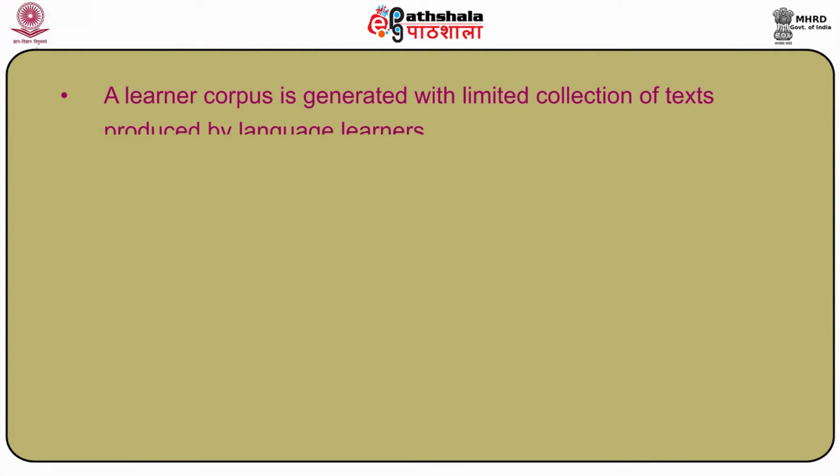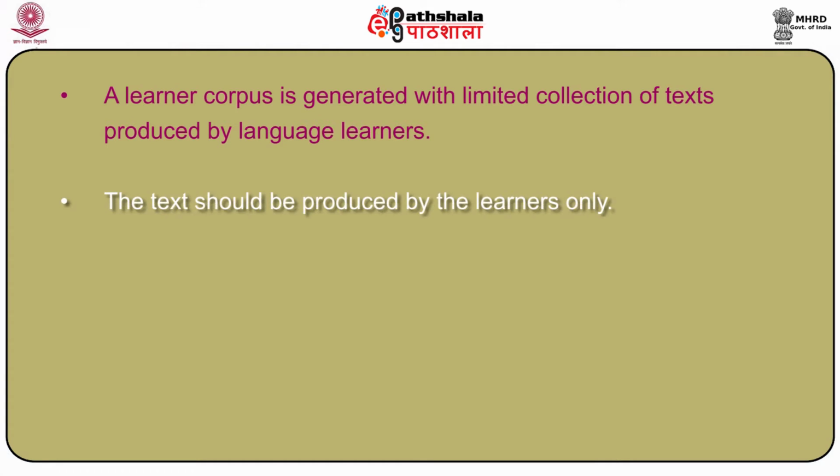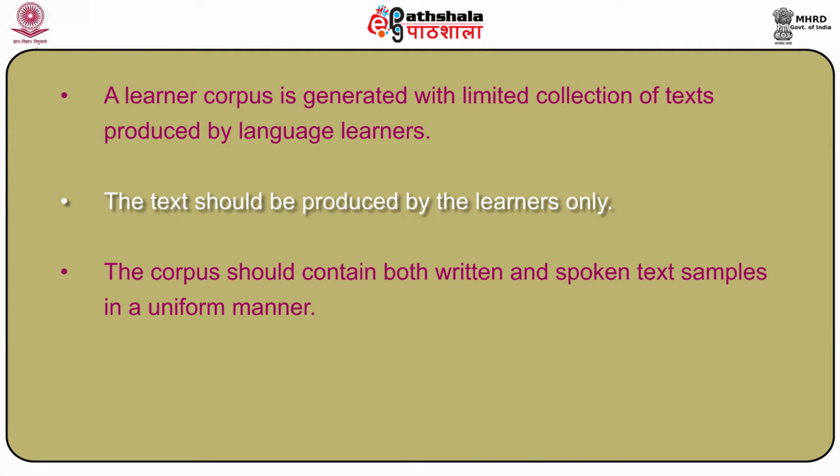Now, the learner corpus. A learner corpus is generated with limited collections of text produced by language learners. As the name shows, the texts should be produced by the learners only. The corpus should maintain both written and spoken text samples in a uniform manner so that we know how learners use language in their writing as well as in their speech.